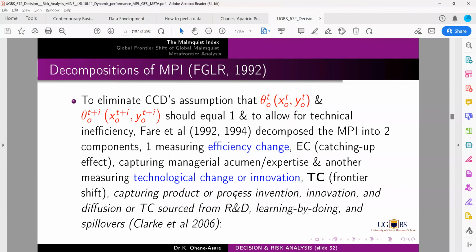But sometimes there are some things that can even make the firm move closer to the frontier, which is not from management, which is outside managerial control, and this is known as technological change or innovation. Either process or product innovation, R&D, learning by doing, or even taking advantage of the technological spillovers.